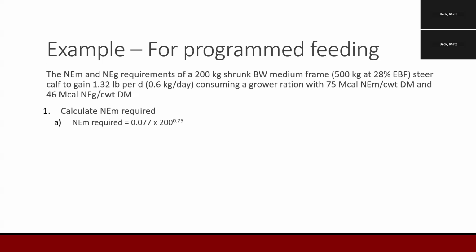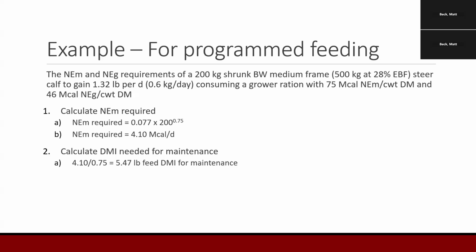So step one, we need to figure out how much net energy for maintenance this animal requires. Okay. So 0.077 times 200. So we'll see there, I gave you shrunk body weight to the 3/4 power. So that animal needs 4.1 megacals per day of NEM. So step two, we want to calculate how much dry matter intake is needed just for maintenance. Because if we're just feeding towards maintenance, the animal's not going to gain anything.